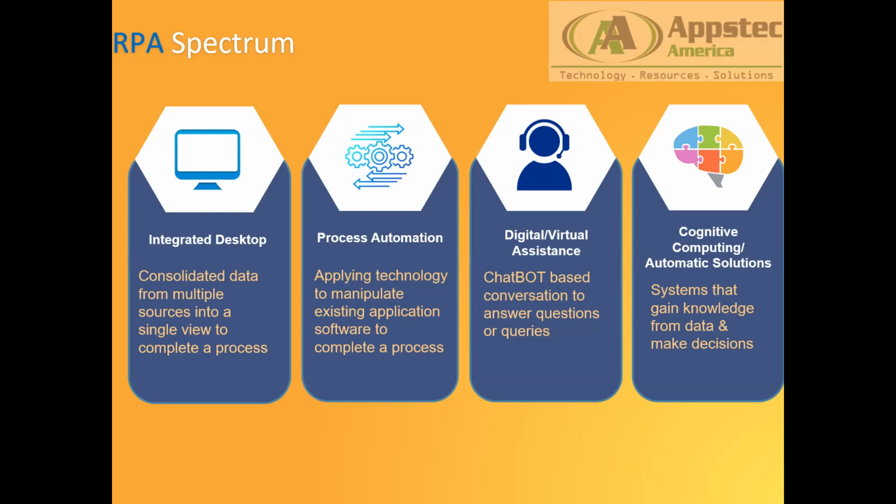Similarly, when a computer machine does such an activity, the system tries to incorporate that cognitive behavior. The system can only learn from one thing, that is data. The more data I push into the system, the more intelligent it becomes and the better it can make decisions for me. So that's the overall technology spectrum of RPA.